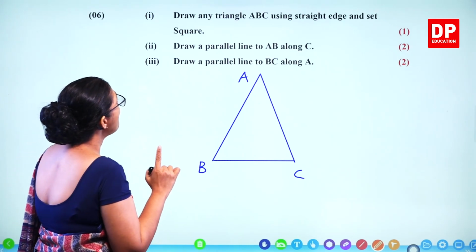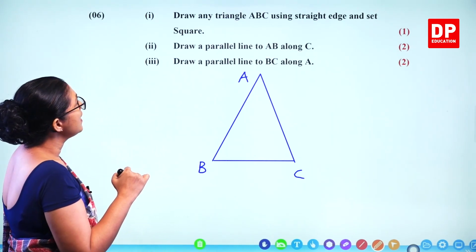Then draw a parallel line to AB along C.